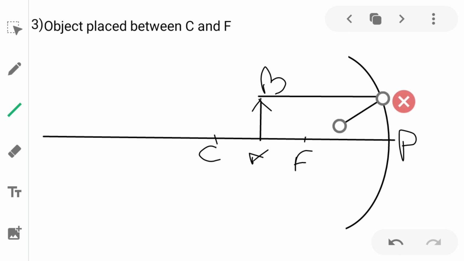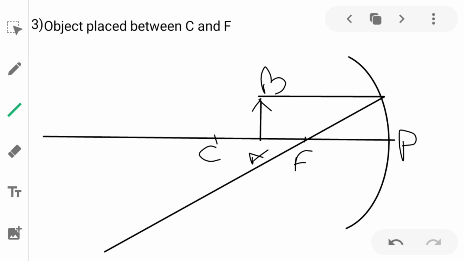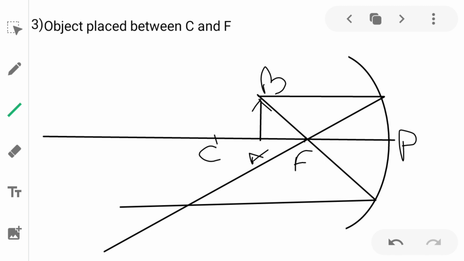After reflection, it passes through the principal focus. The second ray I can consider is passing through the principal focus. After reflection, it becomes parallel to the principal axis.